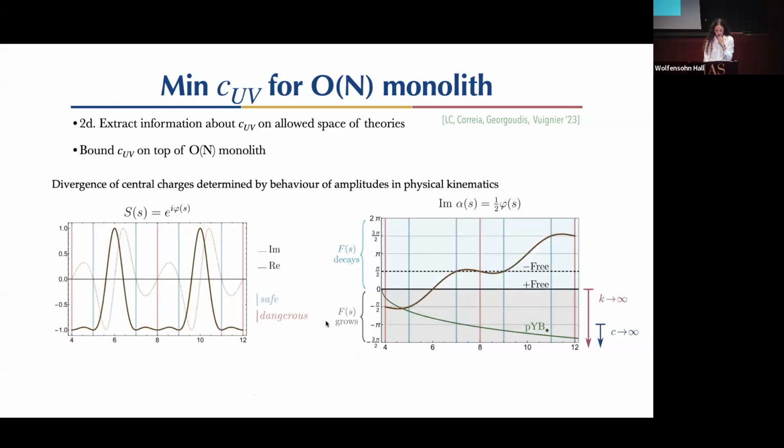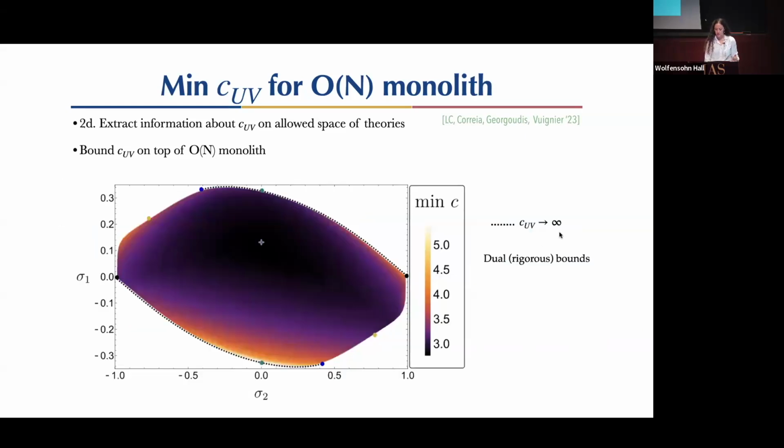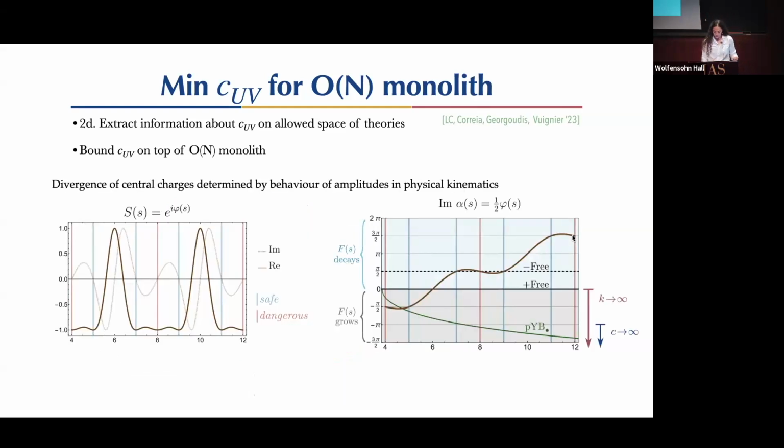And something else we figured out is that actually this divergence on the central charge, since it comes from the sum rule of the spectral density that we cannot see, if you have this saturation, you can write rho in terms of F that you can bootstrap from S. So from the amplitude, just looking at the amplitude in physical kinematics, you can tell if the central charge will diverge or not.